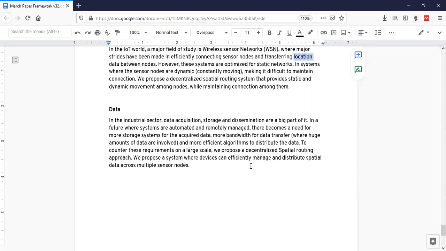So I'm just trying to say that these are actually different scenarios that could involve different kinds of data communication directions, and also dealing with static or dynamic nodes, right?